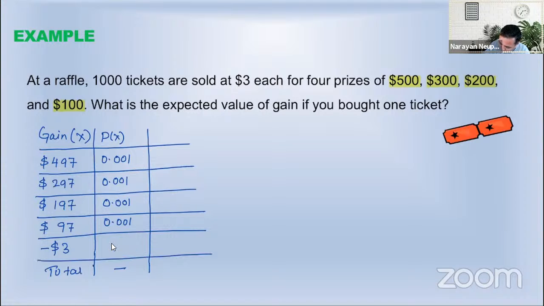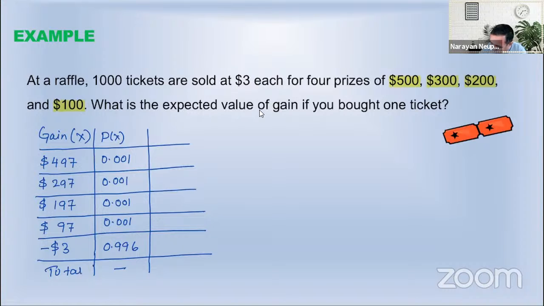Let me write that, 0.996. I hope you understand how I change this fraction to decimal. When you divide and change it to decimal, these are the values. Now the question is, what is the expected value of gain? Here, gain is the variable, and we are looking for the expected value.